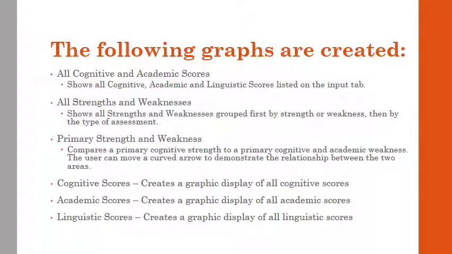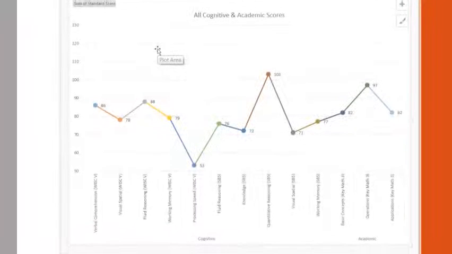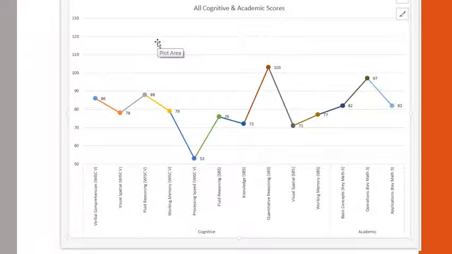A primary strengths and weaknesses graph that compares a primary cognitive strength to a primary cognitive and academic weakness, and you can move the curved arrow to demonstrate the relationship between the two areas, and then a single score tab for cognitive, academic, and linguistic scores. Here is a visual sample of each of those reports.